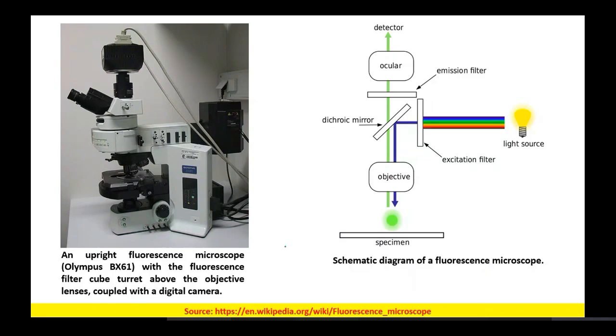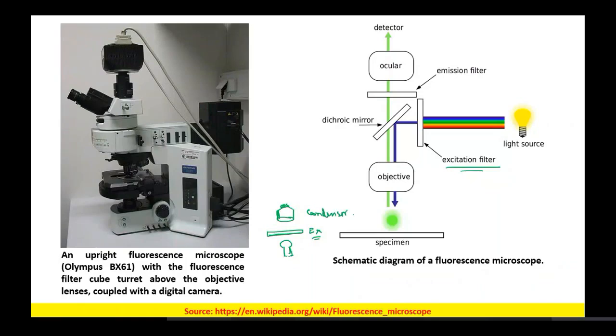The block diagram would be, you have the light source over here, then from the light source you will be having one excitation filter, the EX filter. The light coming out of this excitation filter will be collected by the condenser. Okay, so this is the condenser.